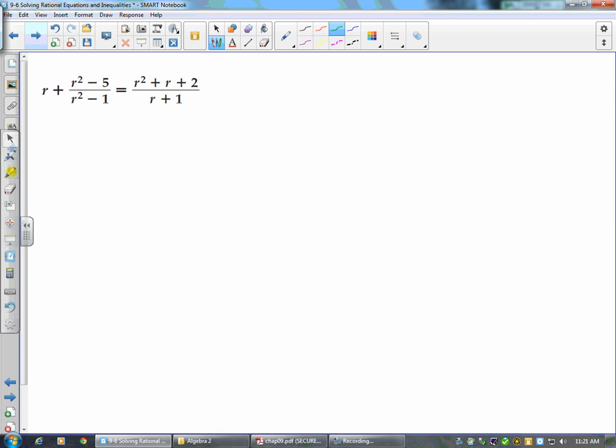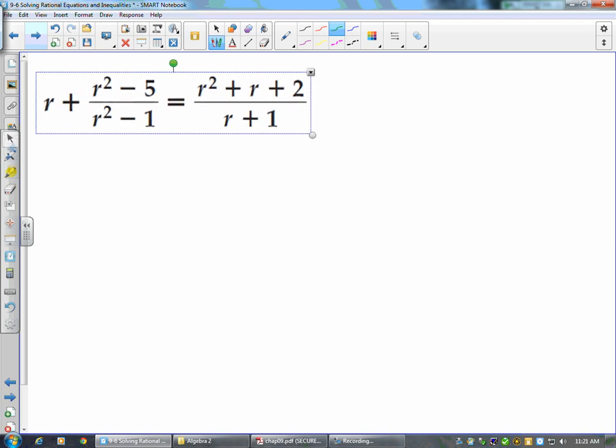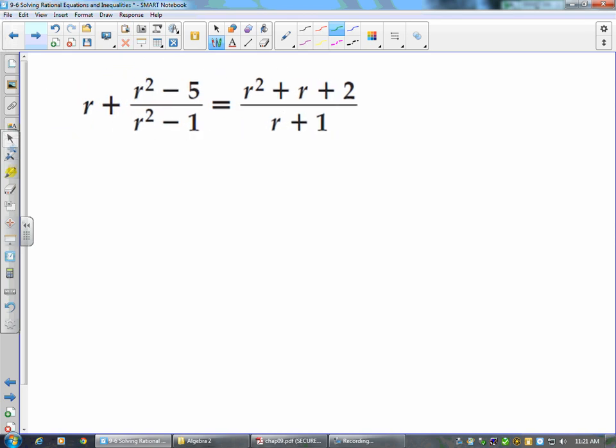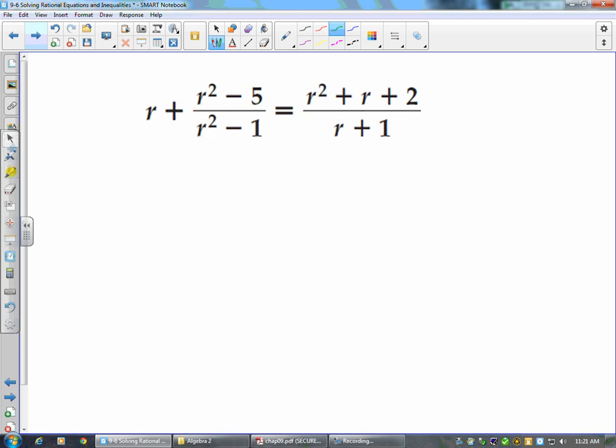So if I have something that's really complicated like this, still, don't worry about it. Just, what's your least common denominator? R plus 1 times r minus 1. So that's going to be my common denominator.